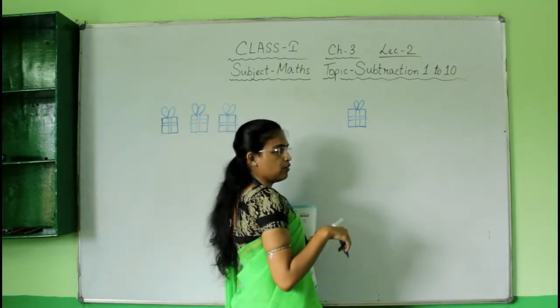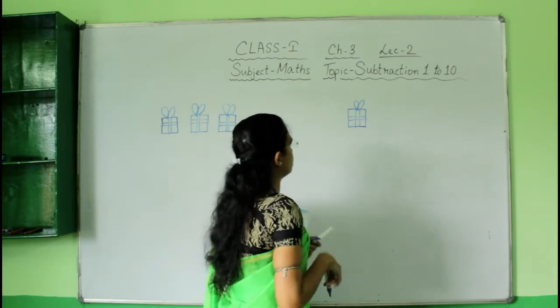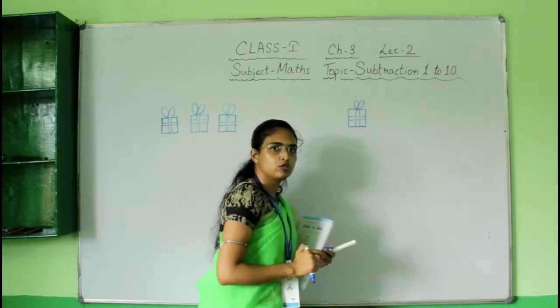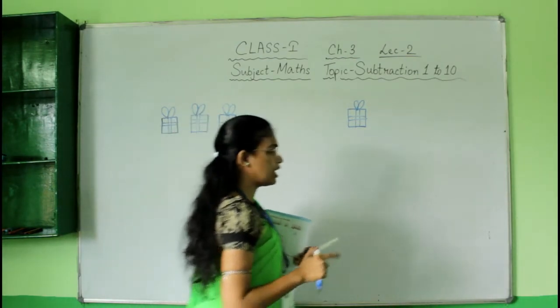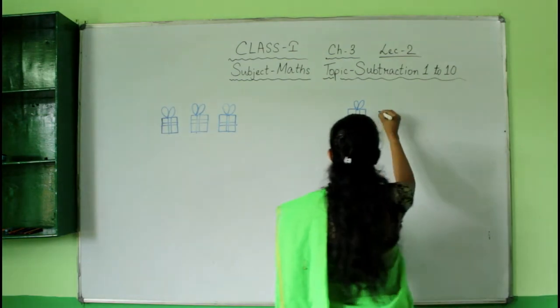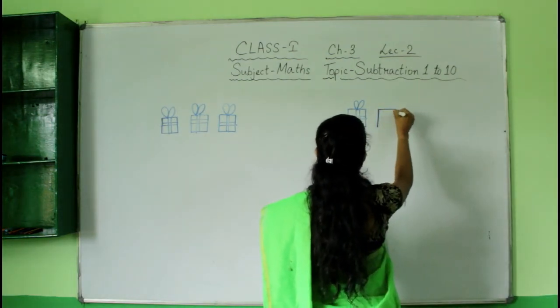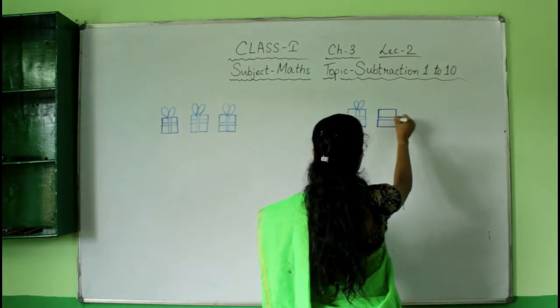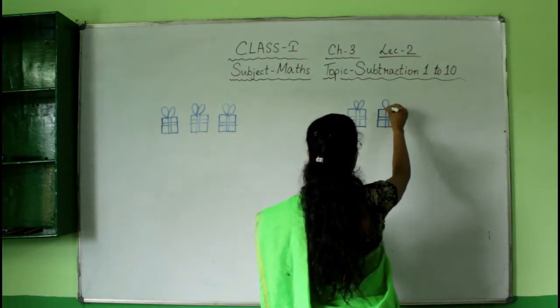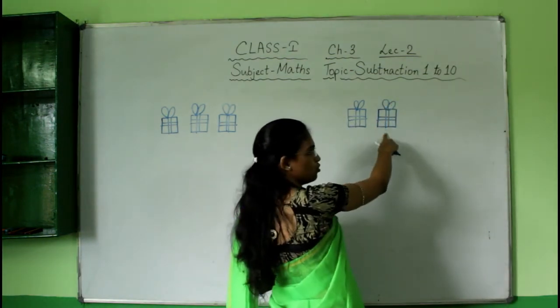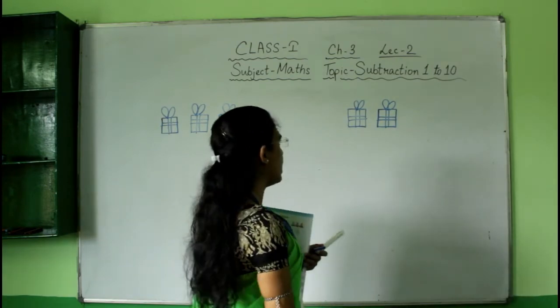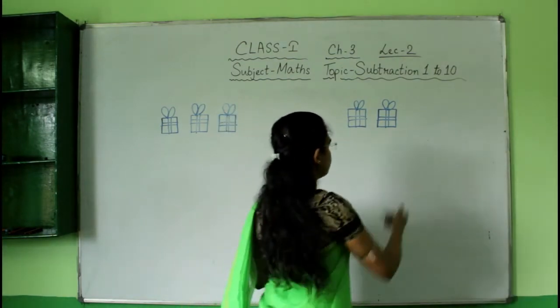So for that, how many gifts we have to add? One gift is already there. To make it 3, we have to add one gift more. So now how many gifts are there in this side? 1, 2. Now I have to add one more gift, right?